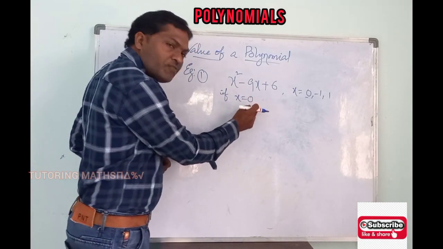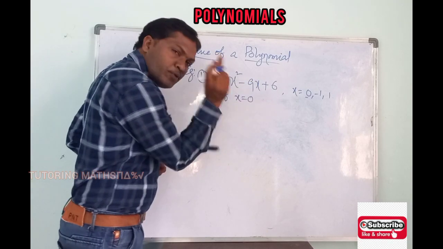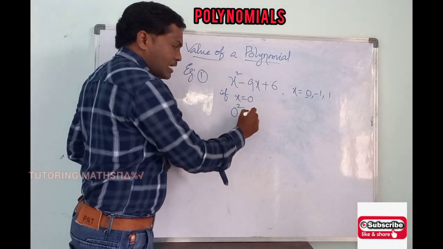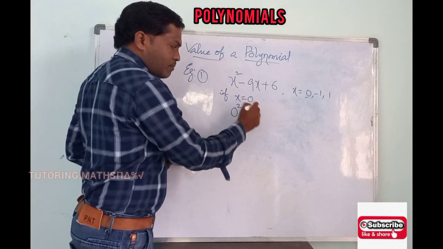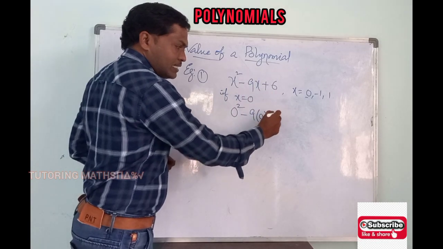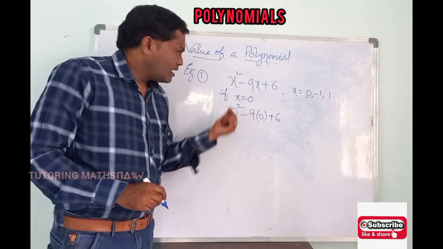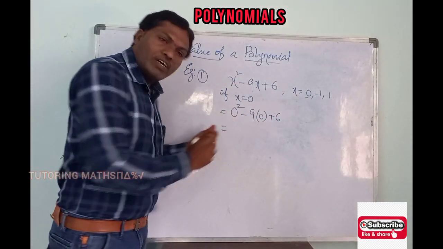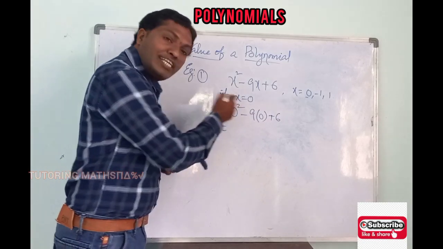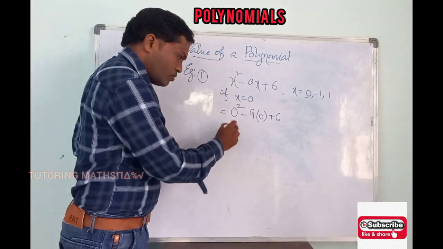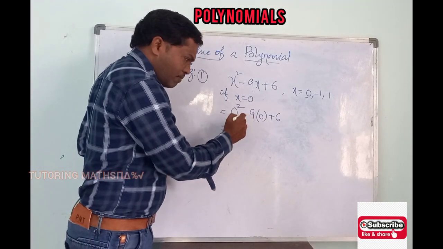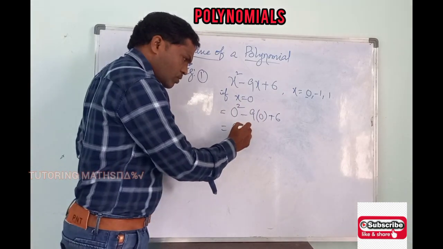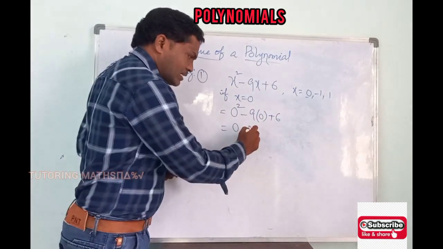In place of x, just substitute. Put x is equal to 0. 0 square minus 9 into x, but x is 0, plus 6. In place of x, I have taken its value 0. Now simplify this polynomial: 0 square is 0 and minus 9 into 0, anything into 0 is equal to 0, plus 6.